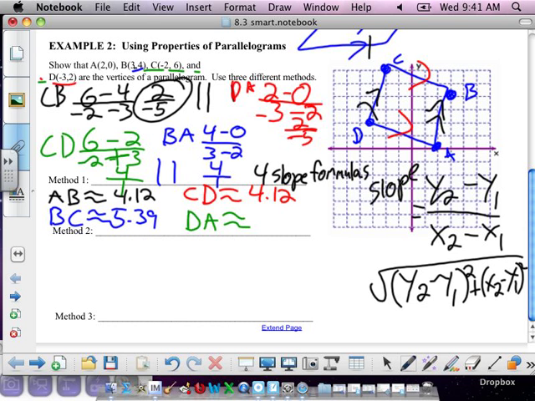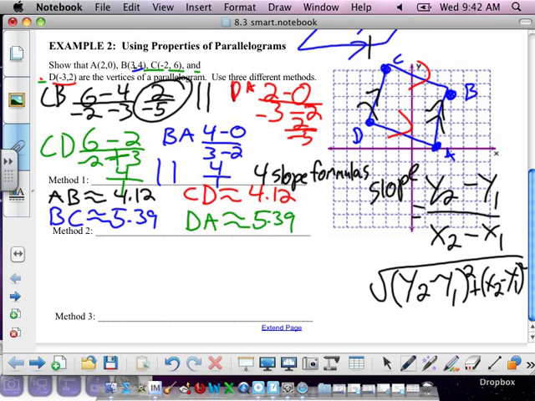Not sure why we're talking while I'm talking. Is it just to make me upset? Because it's working. X1 minus X2, which is a -3. I get 5.39.